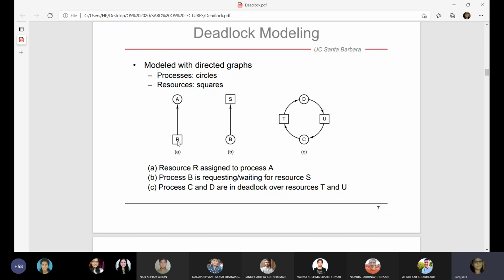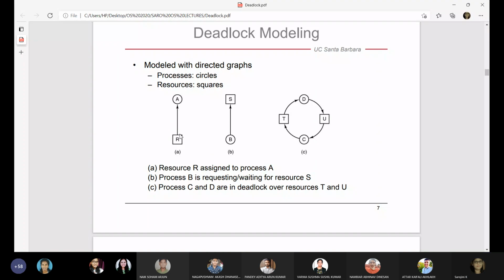Now assume this arrow goes in the opposite direction.